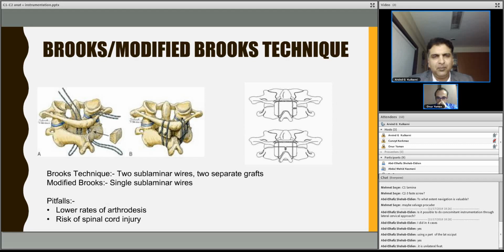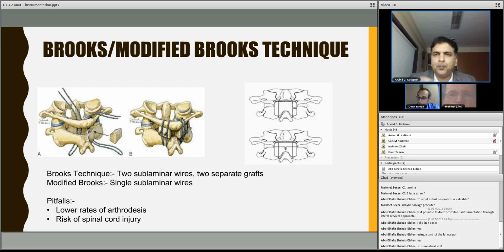Then it was again reinvented with a single sublaminar wire, so that you don't keep passing the wire again and again and irritate the spinal cord. In place of two sublaminar wires, it was supplanted with a single sublaminar wire. Again, it has risks of non-union, similar to Gallie's fusion.